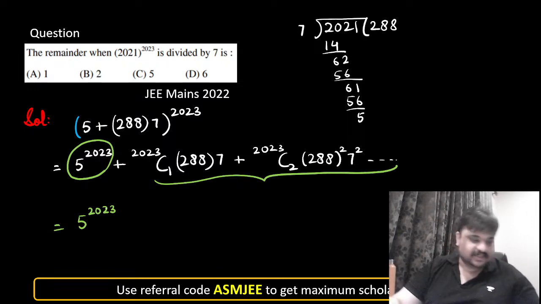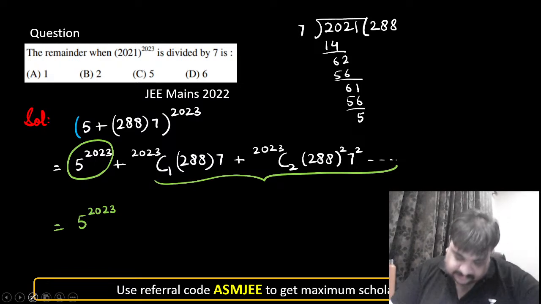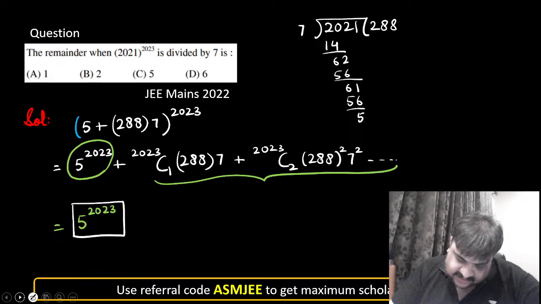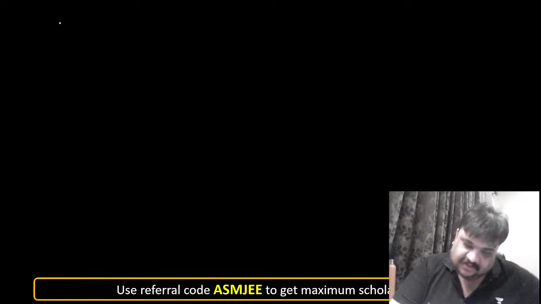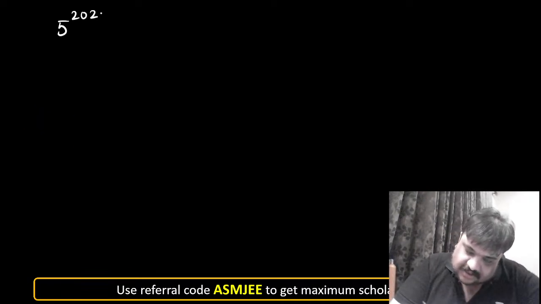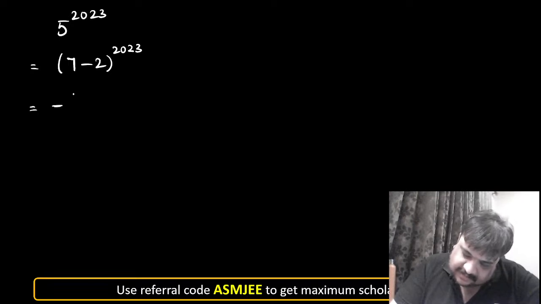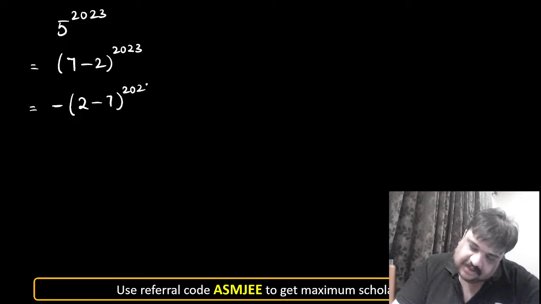Okay, so let's manipulate this further. Now 5 raised to power 2023, yes, you can write it like this: 7 minus 2 raised to power 2023. Now when you expand, taking minus common, 2 minus 7 raised to power 2023.